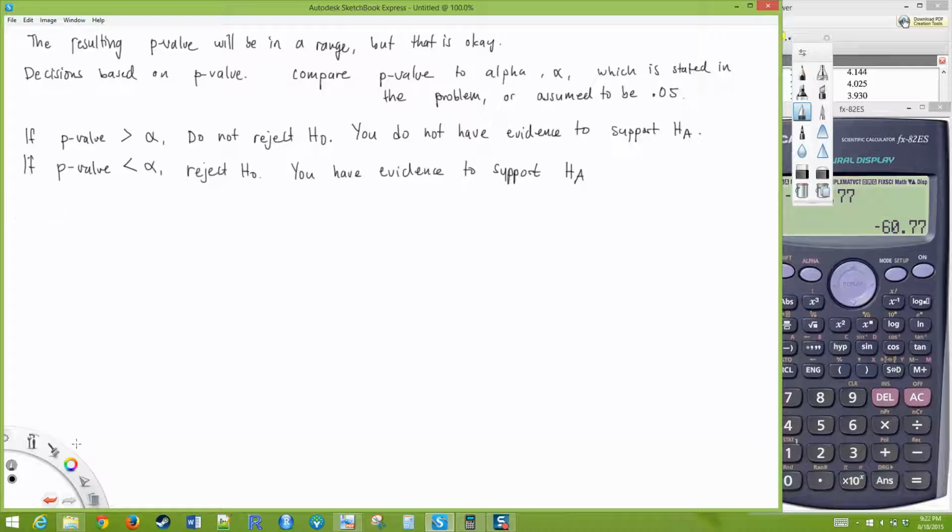Oh gosh, I forgot something. The resulting p-value will be in a range, but that's okay. Let me just insert this, and I apologize. If the alternative has greater than or less than, the p-value is between the column headings.